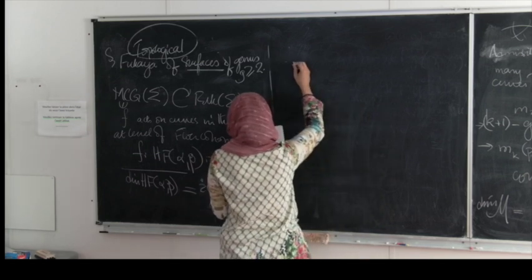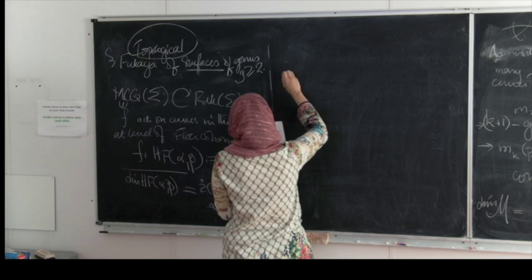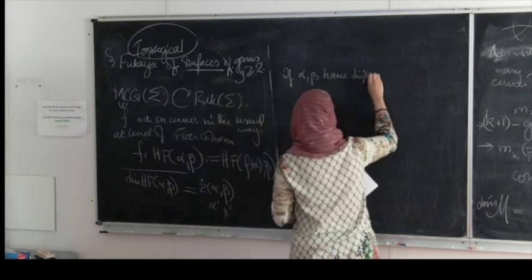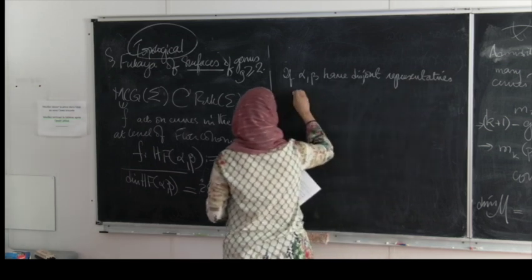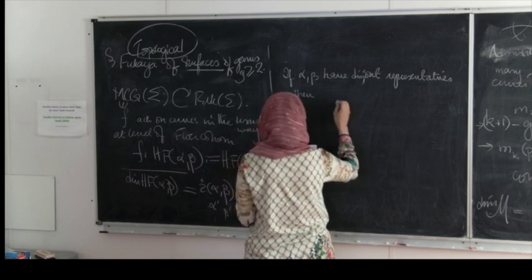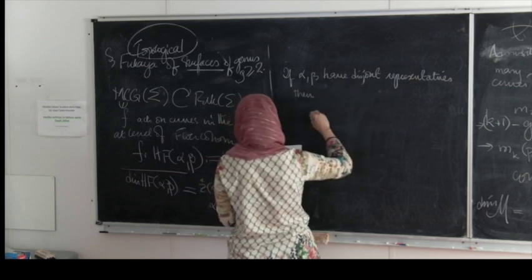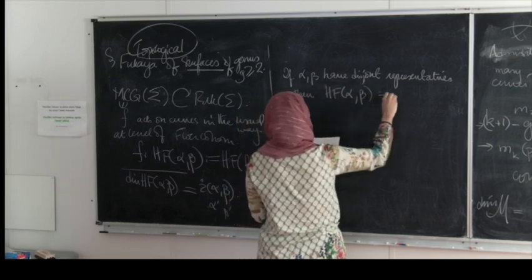So there's one thing that I want to tell you: if alpha and beta have disjoint representatives, then, so they're not isotopic and they have disjoint representatives, then you can show that the Floer cohomology is trivial.